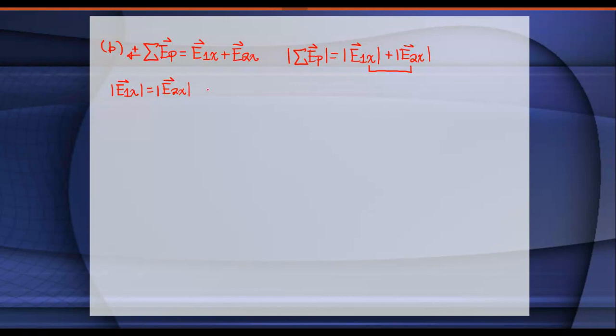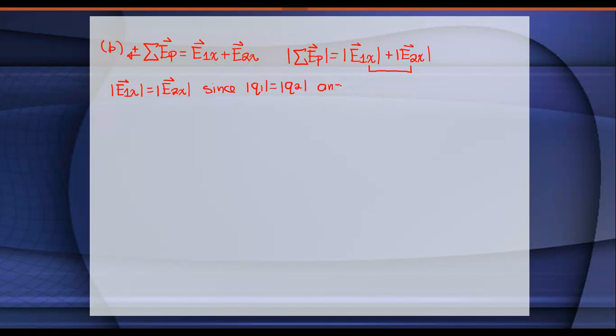Why are they equal? They're equal because they both have the same charge magnitude. And yes, their charges are opposite in sign, but for the purpose of doing this calculation, the magnitudes are the same.